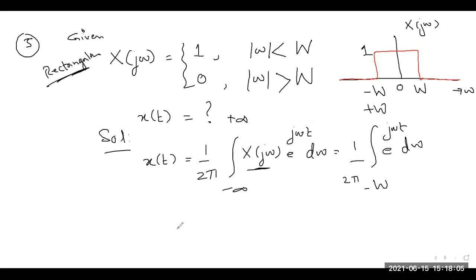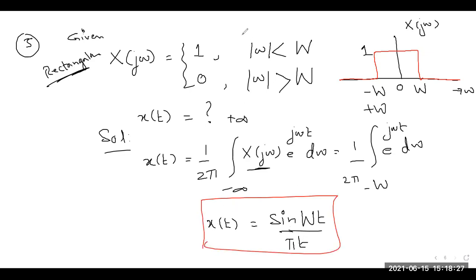If you evaluate this integral, you will get x of t equal to sin of Wt divided by pi t. And if we plot this graphically, as a function of time, if we plot x of t, we will get a signal like this.